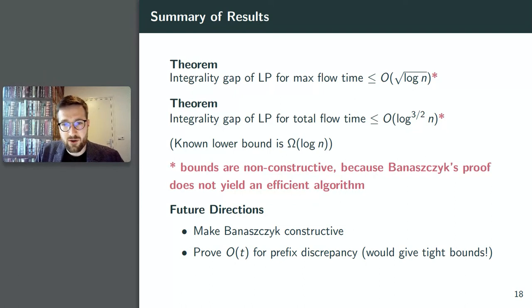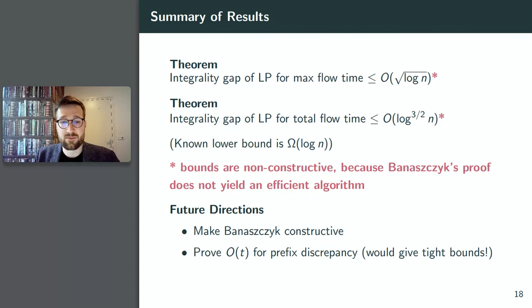We just get a bound for the integrality gap of the linear programming relaxations in each case, and this could also be used, for example, for an estimation algorithm that just estimates the optimum but doesn't construct the solution efficiently. So I think our result opens a few interesting directions. One of them is surely not new, but it gives even more motivation to making the proof constructive.